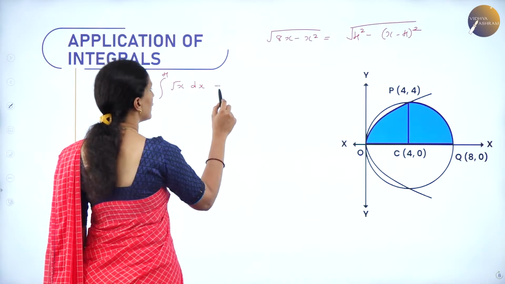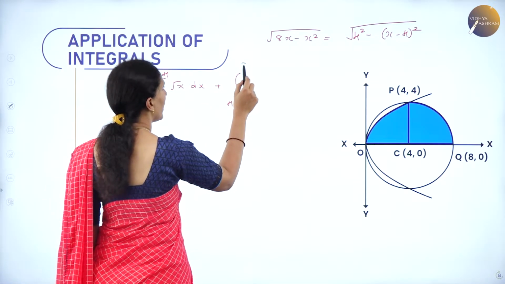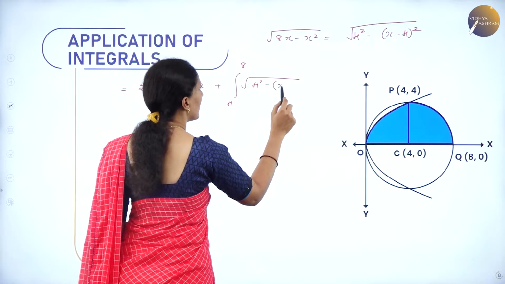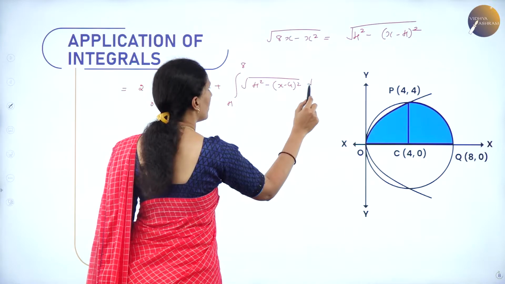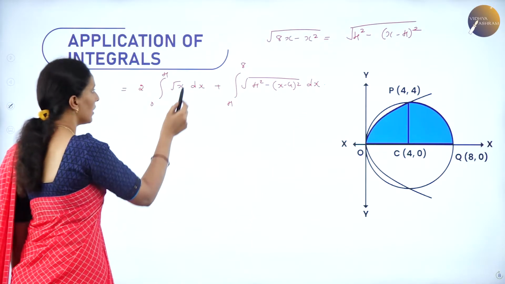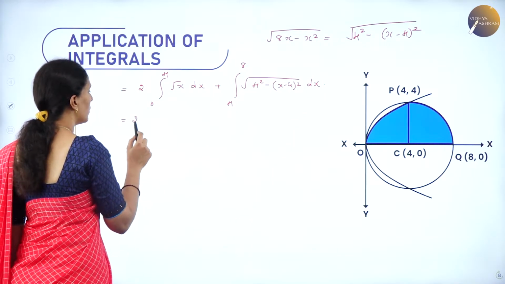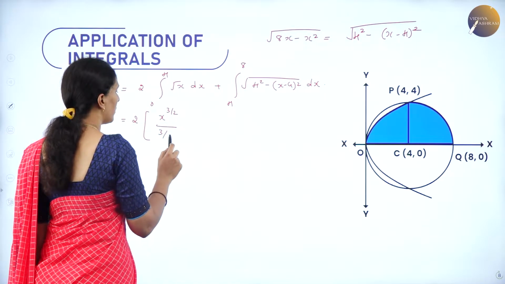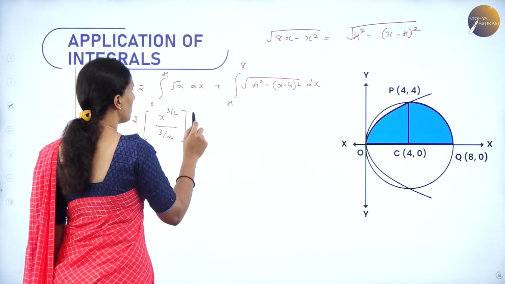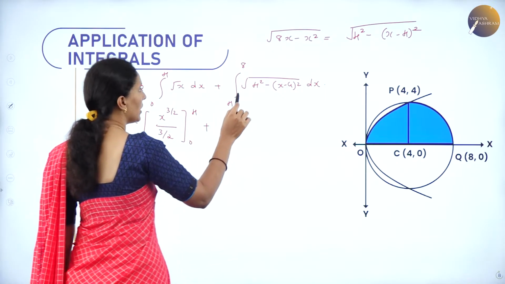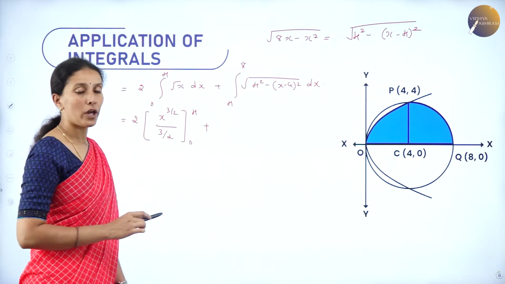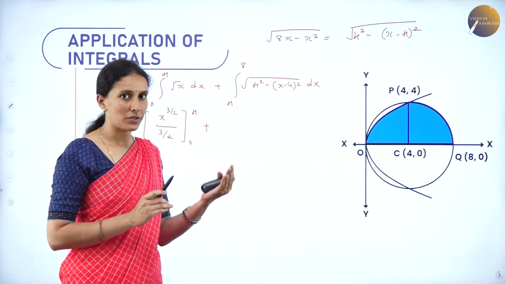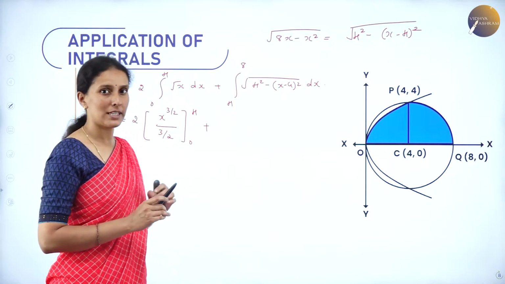So here the integral is from 4 to 8 of square root of 4 square minus (x minus 4) whole square with respect to dx. Now for root x we have 2 into x to the power 3/2 divided by 3/2, and the limits are from 0 to 4. So this is in the form of square root of a square minus x square, which is x/2 root of a square minus x square plus a square/2 sine inverse of x/a.